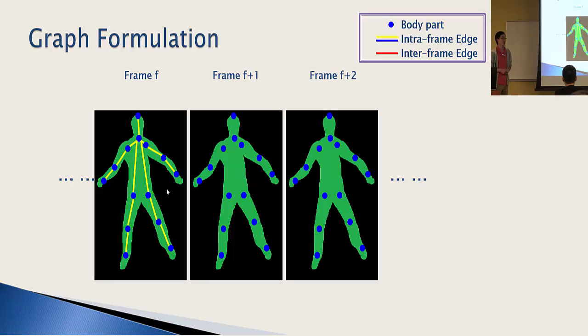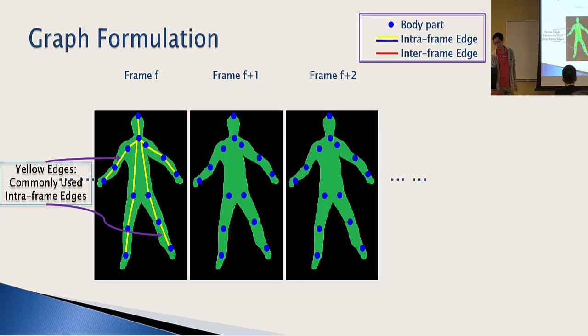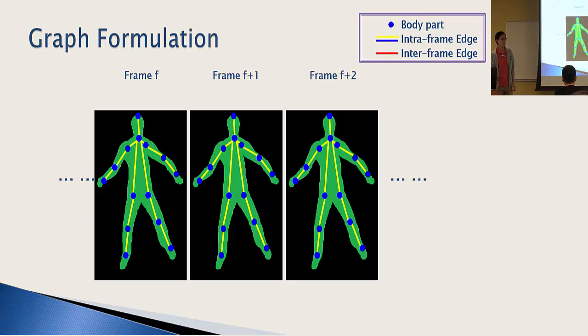These yellow edges are the tree-based structure, which was commonly used in the literature to estimate the human pose for single images. And we have these edges for every frame.